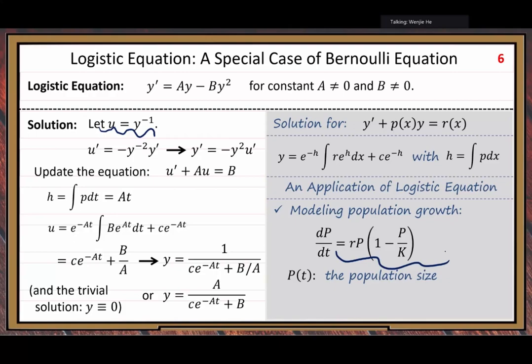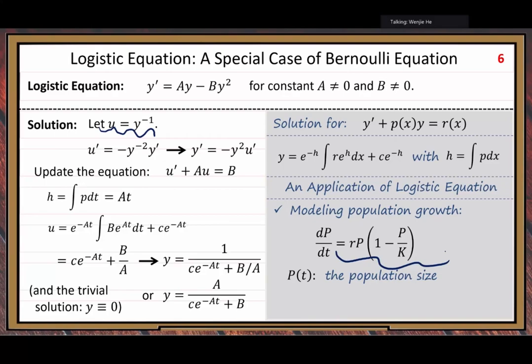But think about it. If your population grows more than K, then 1 minus P over K is negative, which means your derivative is negative, which means your population must be going down. So if your population is larger than that constant K, there is some hidden force that forces the population going down.